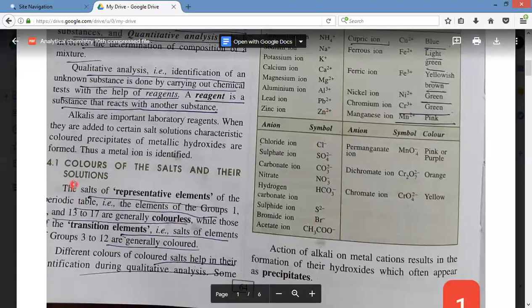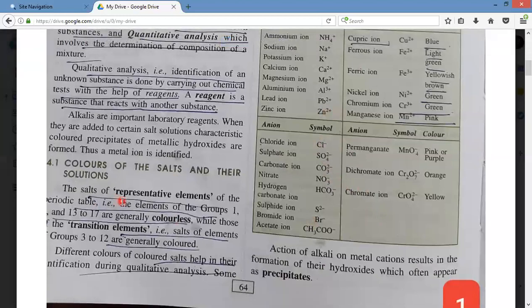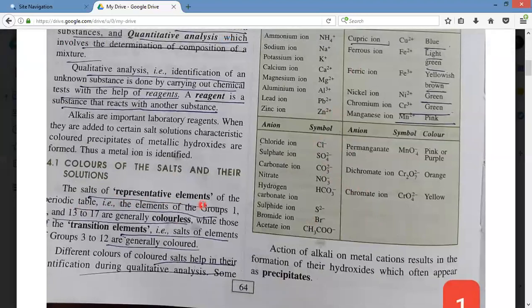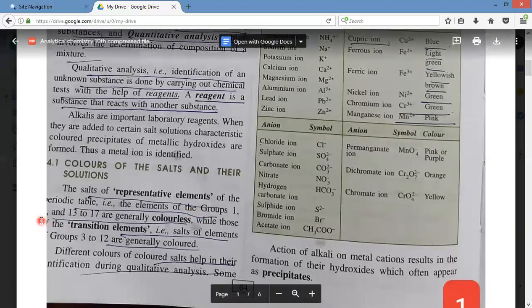After that, the next topic is the color of the salt and their solution. Under this, we have to study the representative elements. In the periodic table, you have done what the representative elements are, for repetition. Representative elements are present in groups 1, 2, 13, 14, 15, 16, and 17, which are colorless in nature.